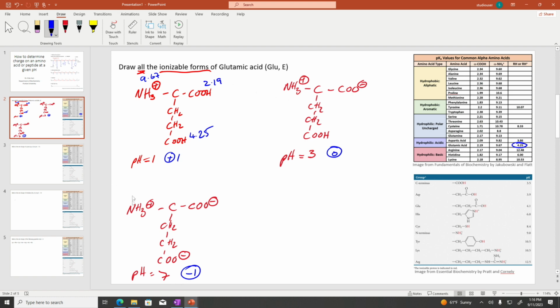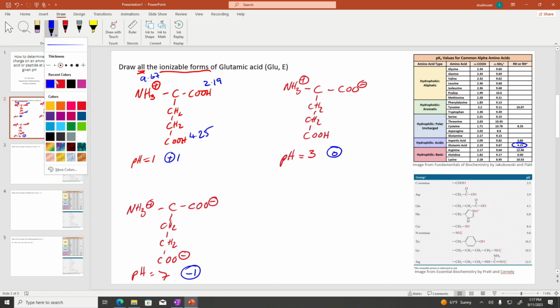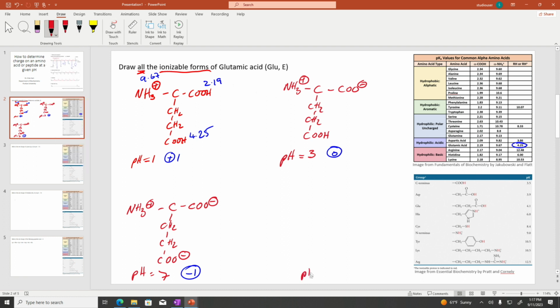And then finally, if we want to deprotonate past this, if we want to deprotonate this alpha amino group, we're going to have to look at what the pKa is here. I'm going to need to go north of this pH, right? So let's say pH 10 wouldn't even fully do it, to be honest. So let's just say pH 11. So we'll go back to red. So at pH equal to 11, we would have our, this would be, okay?